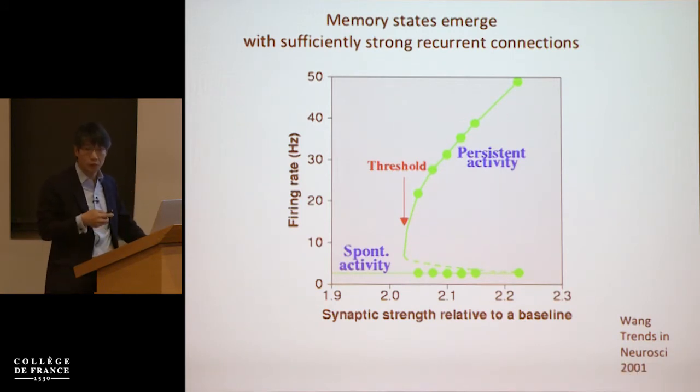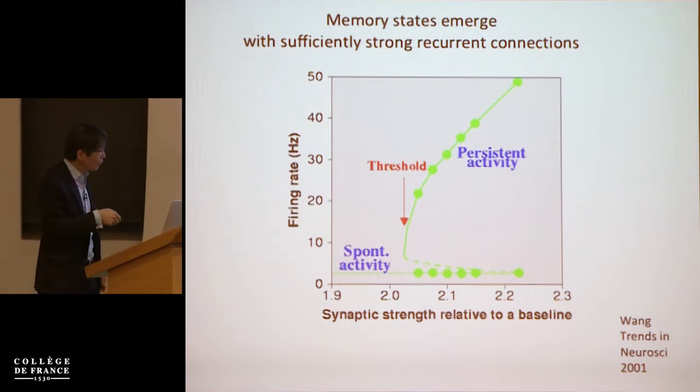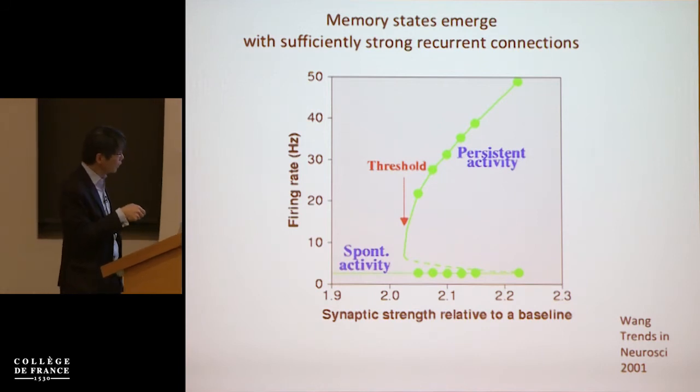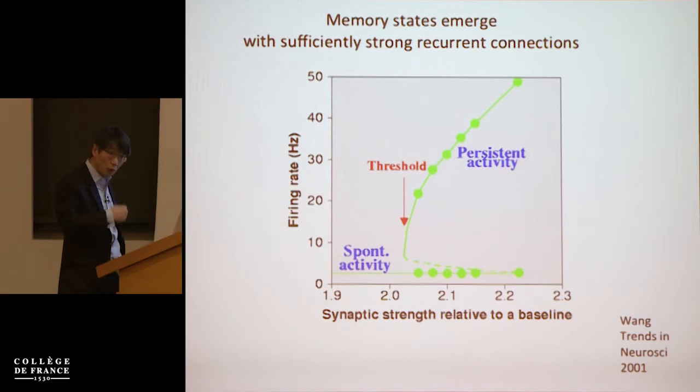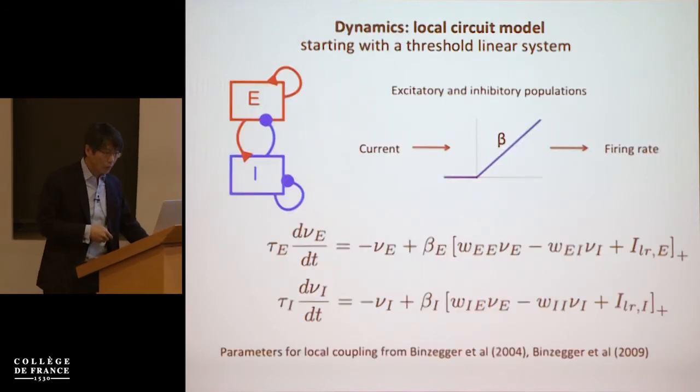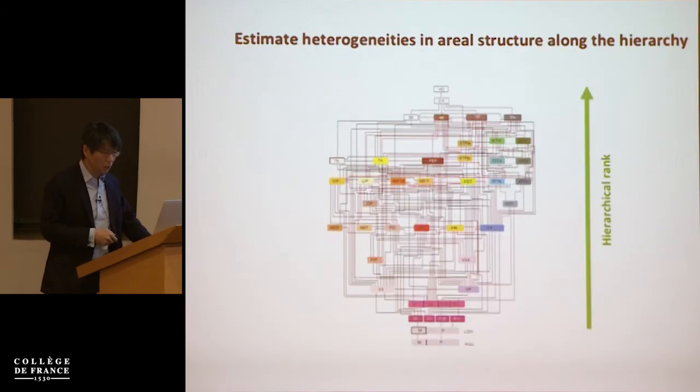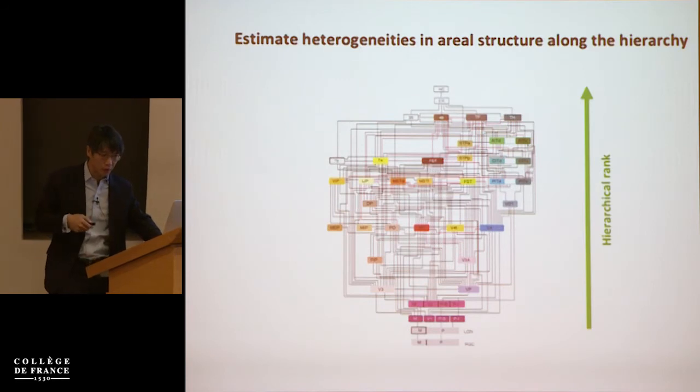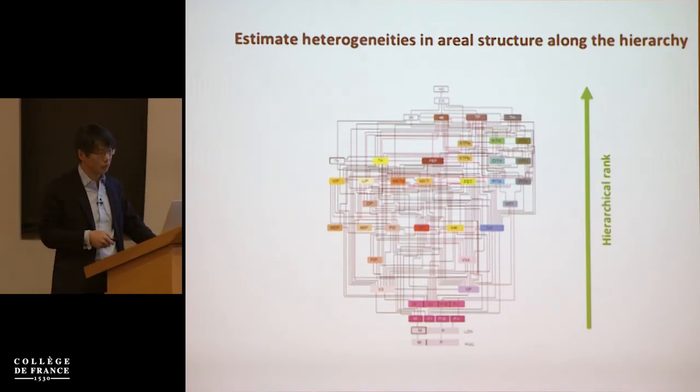This is an example of bifurcation. So we're going to try to introduce some kind of parameter change from area to area, quantitatively based on data. That's our approach. So what's the data that would allow us to introduce variations of properties?